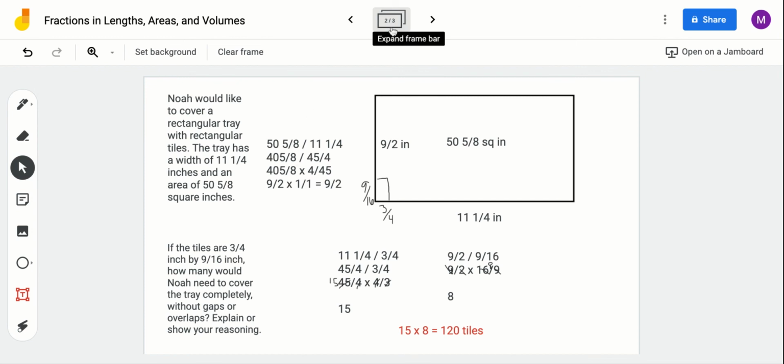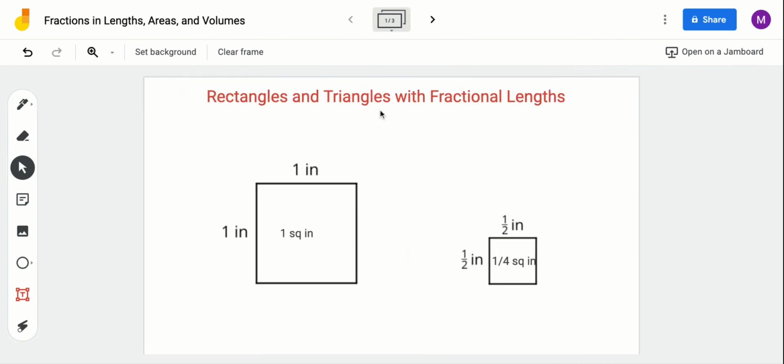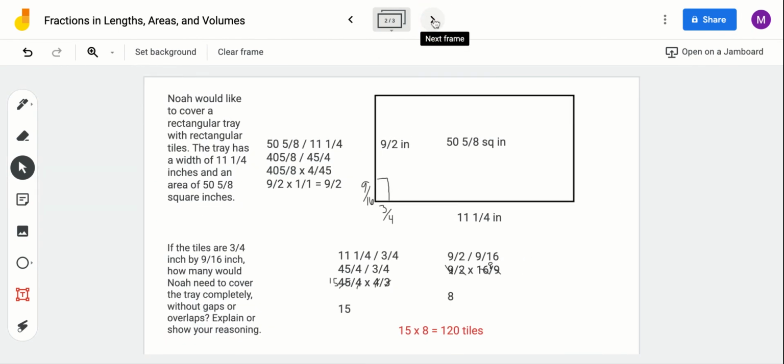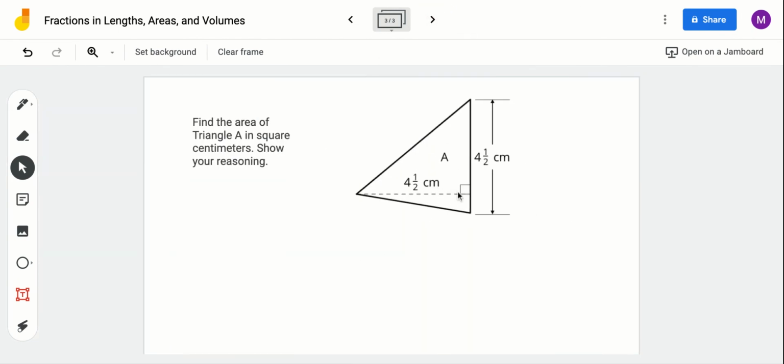All right. So, one more. We were talking about rectangles and triangles. We've dealt with rectangles. Now we need to deal with triangles. So it says find the area of triangle A in square centimeters. Show your reasoning.